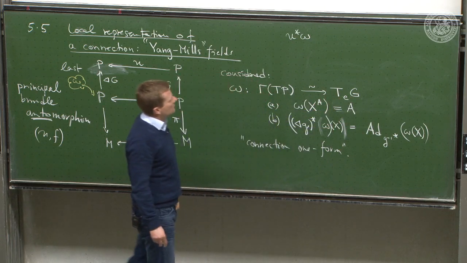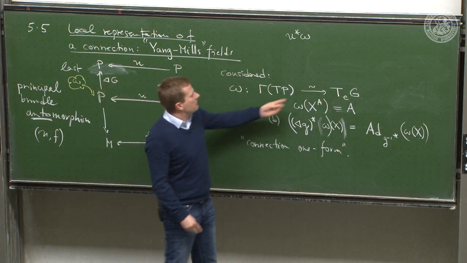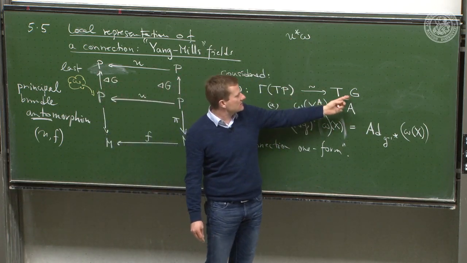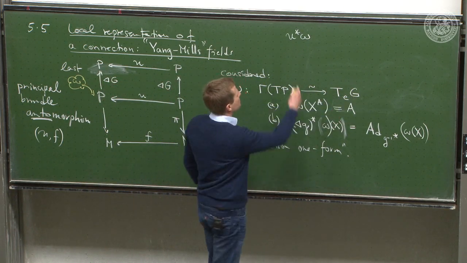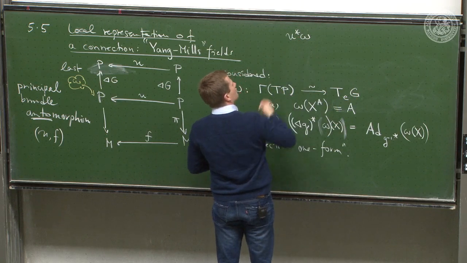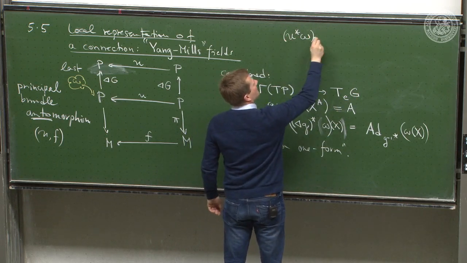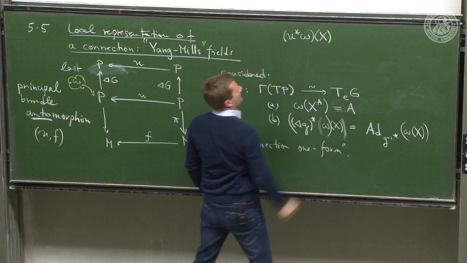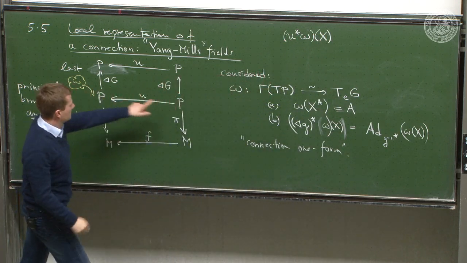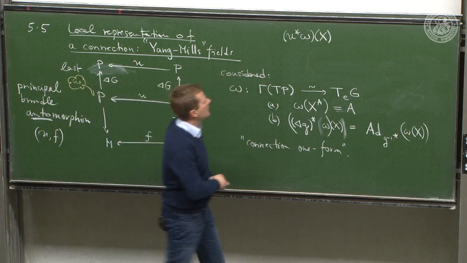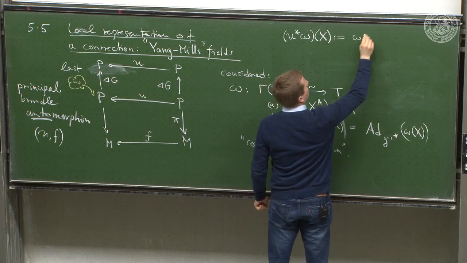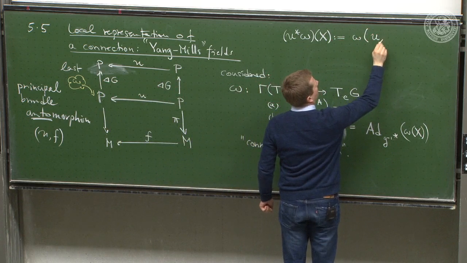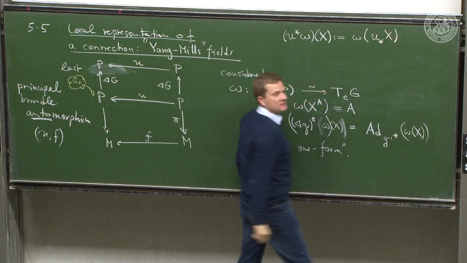And in fact, even more so, they don't only generalize, the pullback isn't affected at all by what the destination is. I'll show this here. So you know, the pullback, you apply this to a vector on here, okay? And you know that the pullback is defined as the omega of the push forward of this vector.